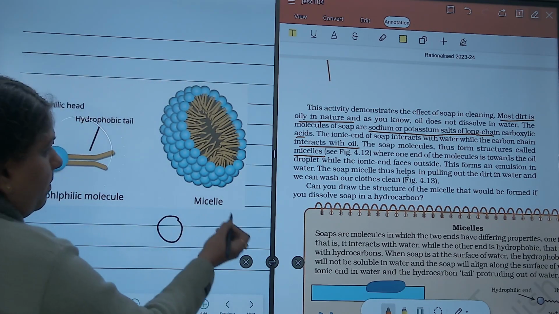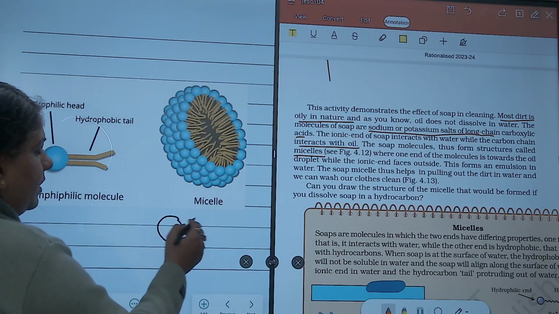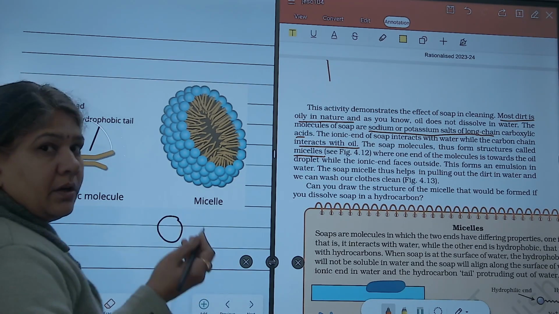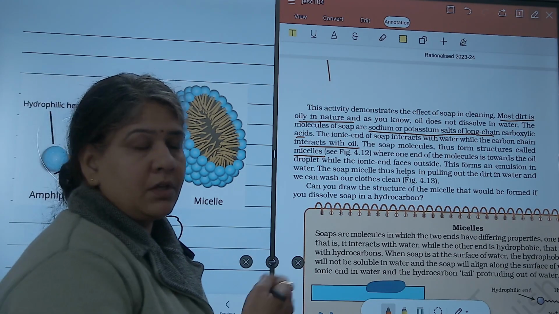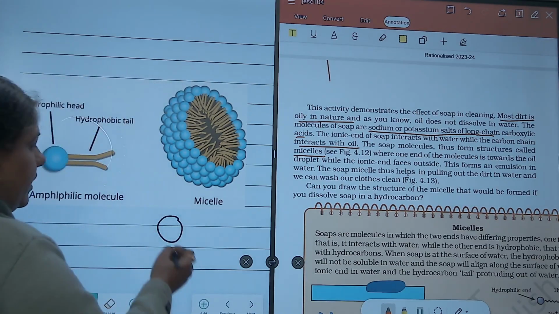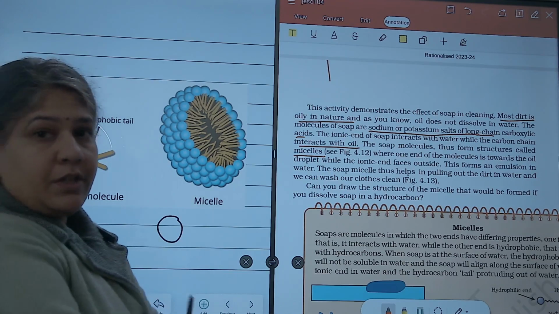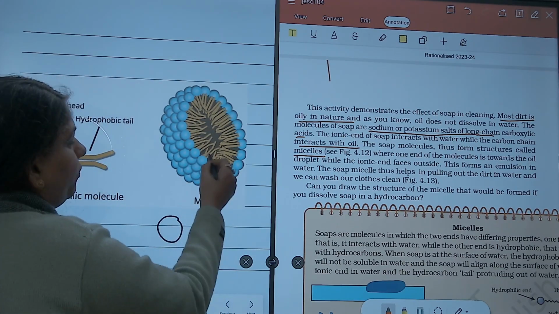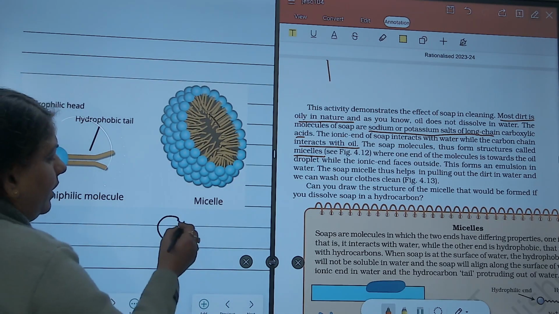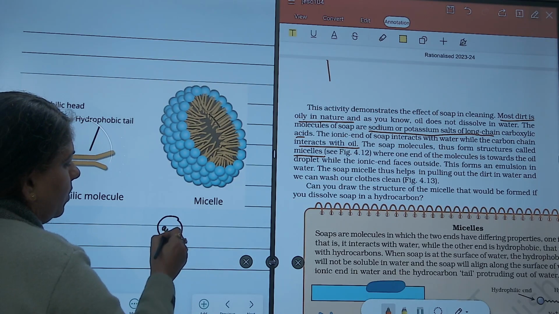So when a cloth having dirt is soaked in soap or detergent, the ionic part will tend to remain towards the water, while the hydrophobic tail will tend to dissolve in the oil.